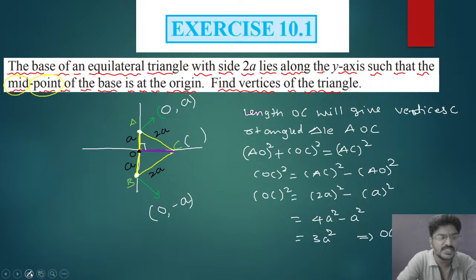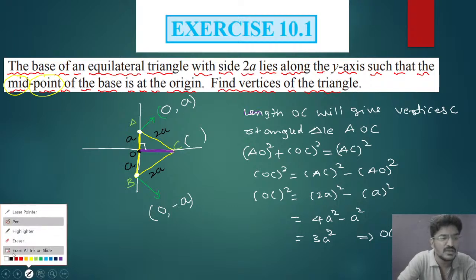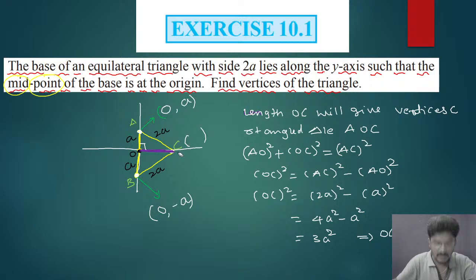Now the vertices C is going to be root 3A comma 0.